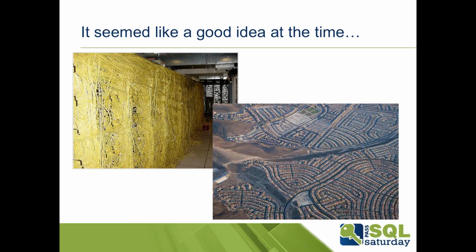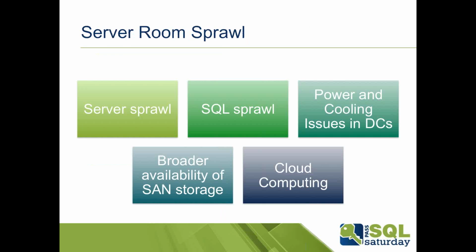Our application server environments also started to sprawl. Each new project needed its own app server or a stack of apps or servers, and we ended up with server rooms that looked like bad subdivisions. So we had lots of sprawl. And that led to things like servers needing more power, and servers got more power hungry in recent years.